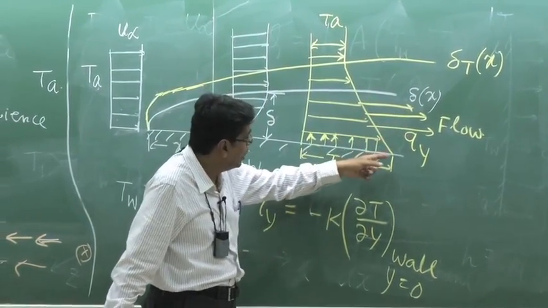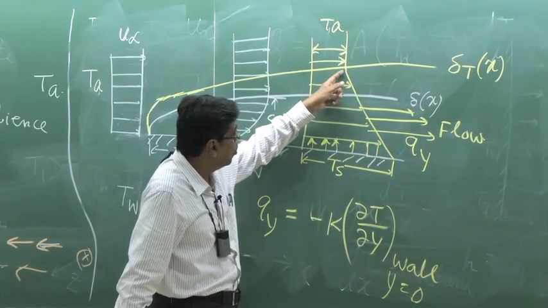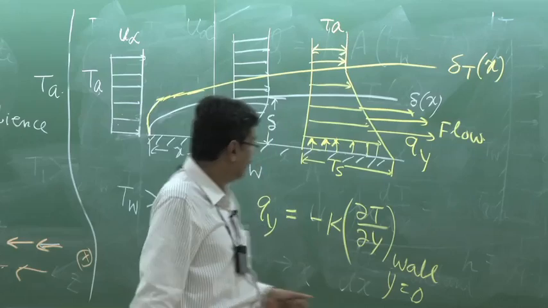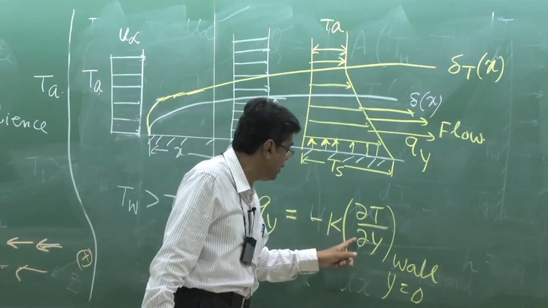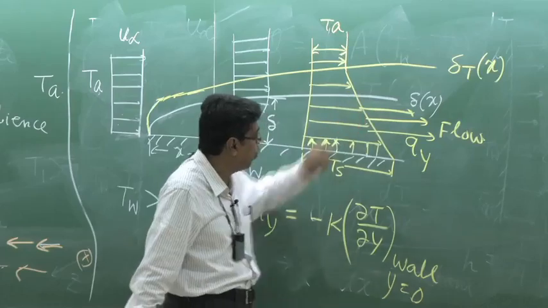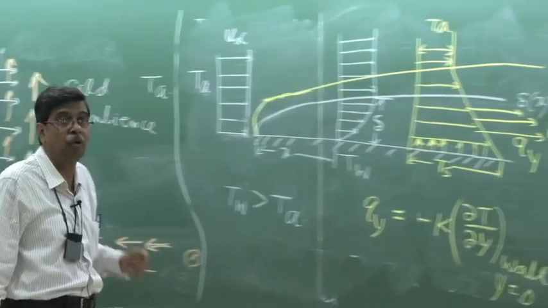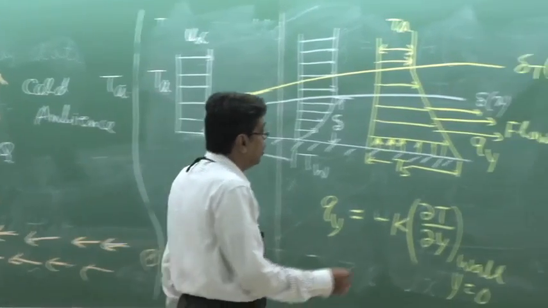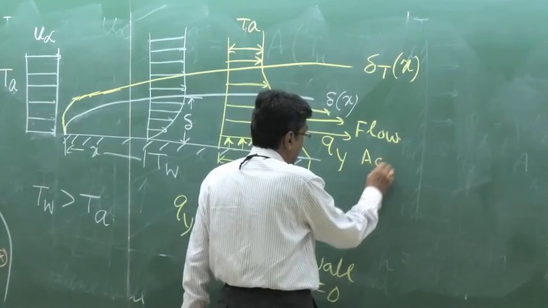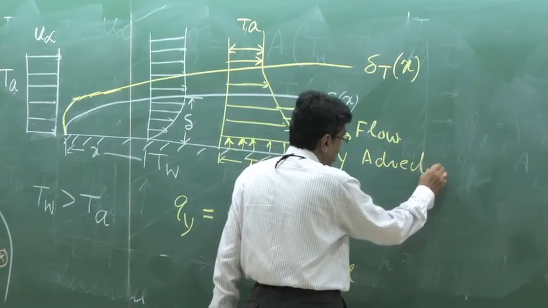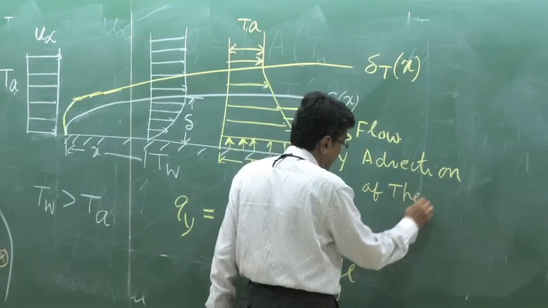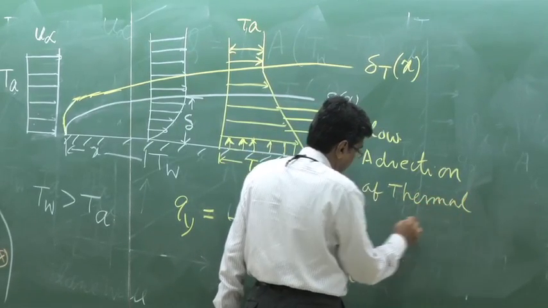So therefore, the temperature distribution will be affected by the advection of this flow, and therefore the temperature gradient will be determined by the advection of this energy. Advection of the flow means the advection of the energy. So therefore, in this direction, thermal energy is advected.